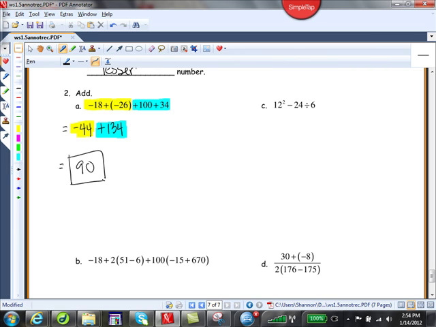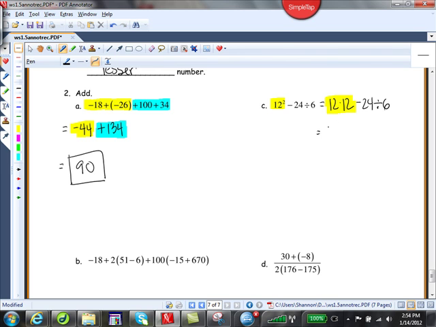Okay, 12 squared. I don't know if you remember, but 12 squared is the same as 12 multiplied by itself 2 times. And then minus 24 divided by 6.